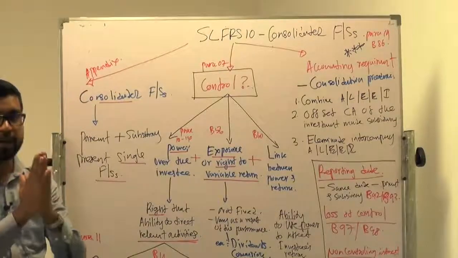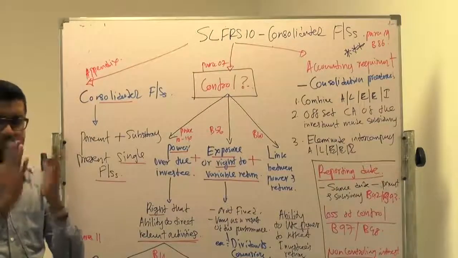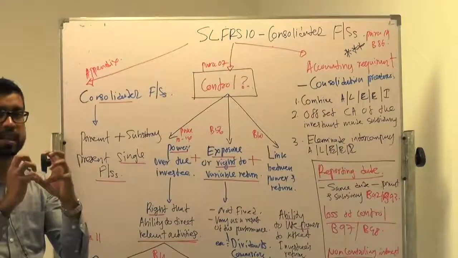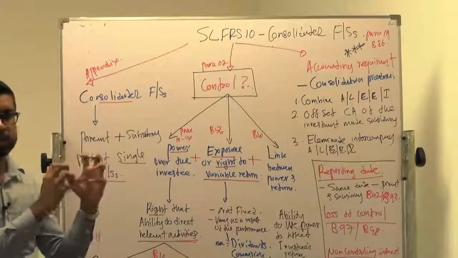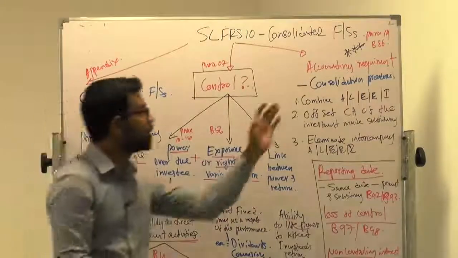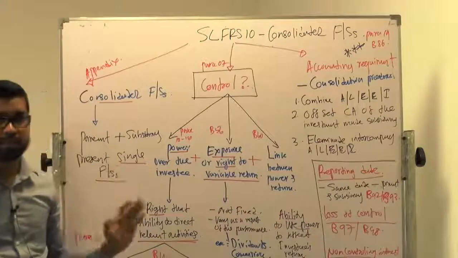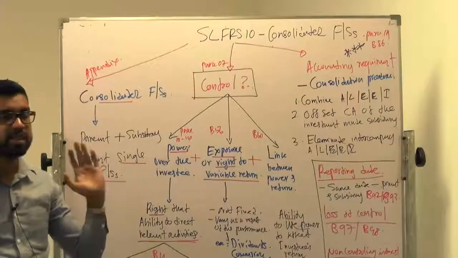For that purpose, I will take a simple question that will not take much time. Those who do not logically understand the way of preparing consolidated financial statements or the consolidation procedures, this is a good opportunity to understand that. Don't try to remember the steps.